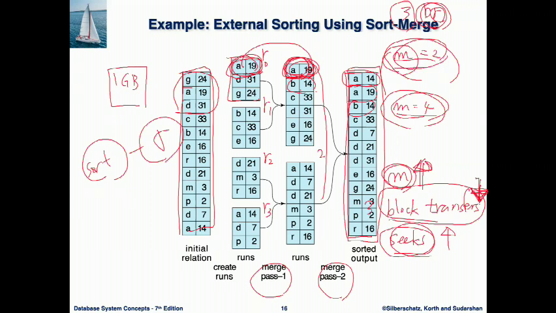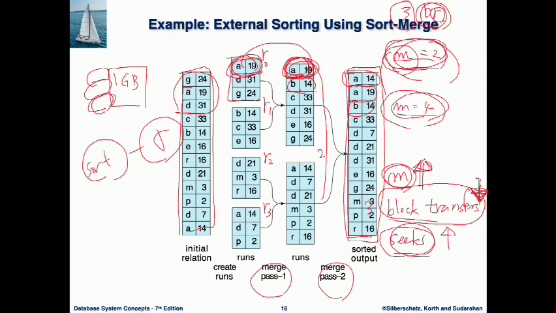When M is 2, when you're merging 2 runs into 1 run, and you have some memory space, like 1 gigabyte, then you need to partition this buffer space into 3 areas, okay? 1 for each input run and 1 for the output run.